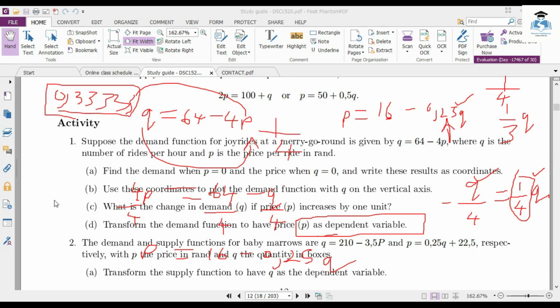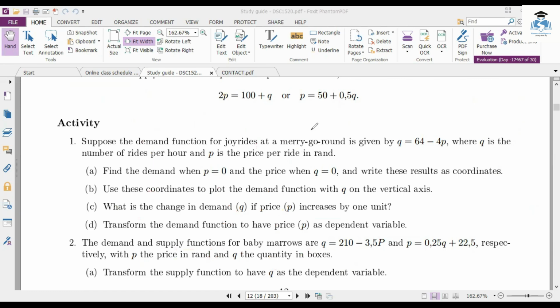My question is, even though it can give you the answer as a decimal like that, would one be wrong to leave it as Q over 4? Sorry, I didn't hear you quite well. I'm saying it's fine, you leave it as Q over 4.